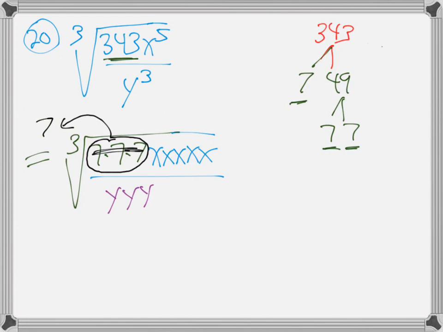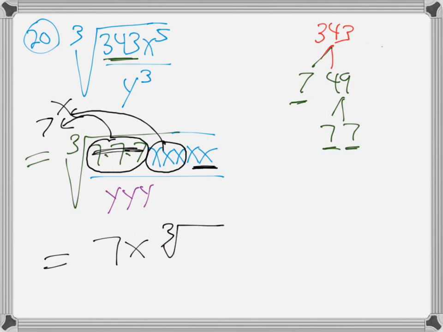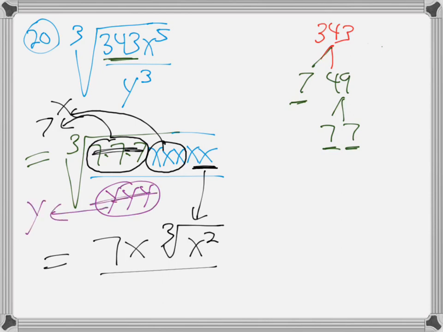So 3 for one deal, 3 in the hook. 3 x's also on the top sends an x also out on the top. So we're going to get a 7 and an x on the top. Cube root of what's left inside? Those 2 x's. X squared is left inside. What comes out on the bottom? 3 y's in sends 1 y out in the bottom. And the bottom is totally, the root is gone. And so here's our answer.